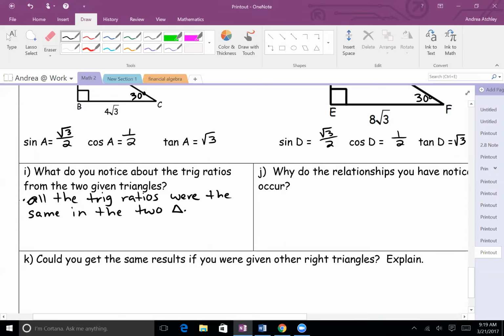Yep. The angles are the same. Angle A equals 30 degrees, and angle D equals 60 degrees. Sorry, the measure of angle.